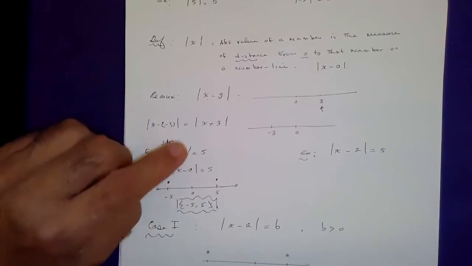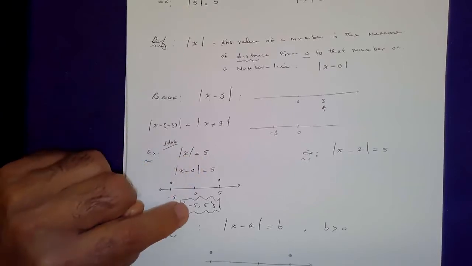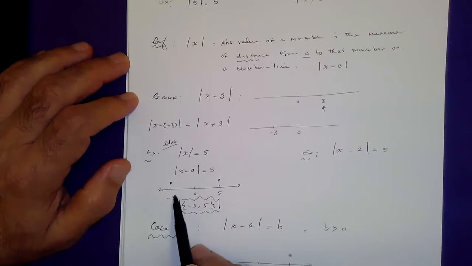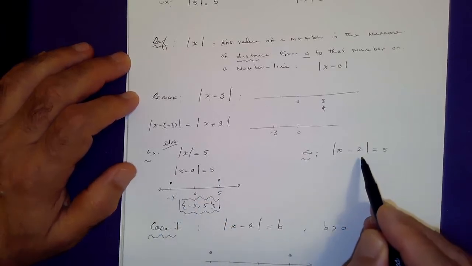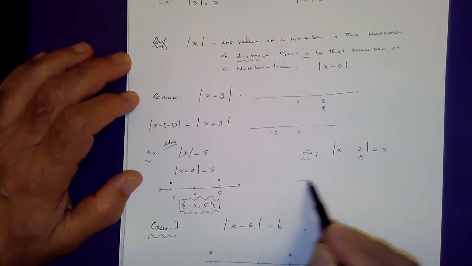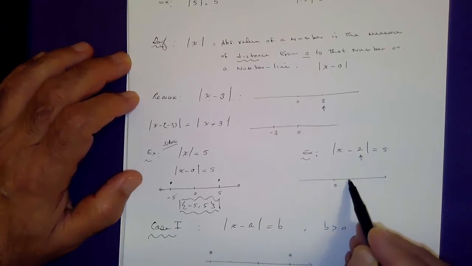Notice when the number on the right side is positive, we always get two answers. Why? Because we can either go to the right side of the 0, 5 units, or to the left side of the 0, 5 units. What about this one? Well, the starting point is at 2, not 0, correct?